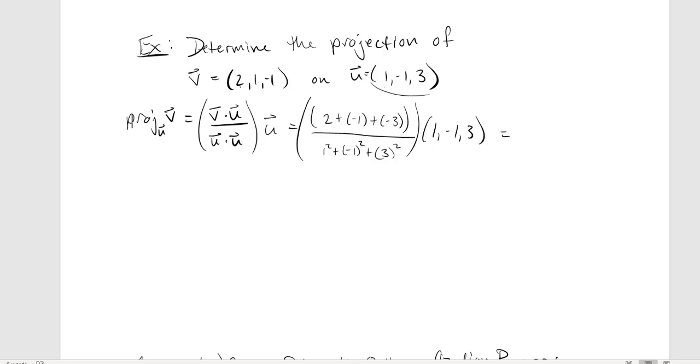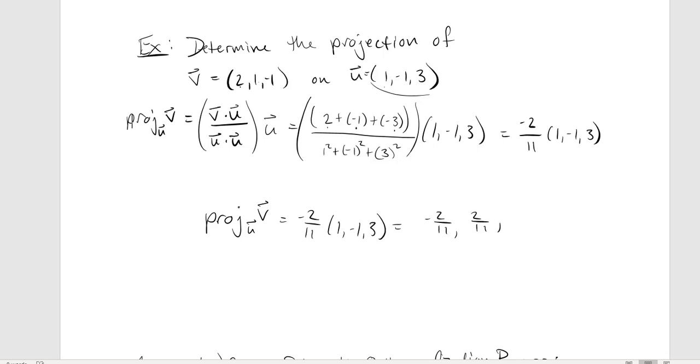What do we have? 2 plus negative 1 minus 3, that's negative 2. 1 plus 1 plus 9, looks like 11, times this vector. That is it. That's our projection. We could write it all as with that scalar absorbed inside the vector, but this works too. Could write it like that.